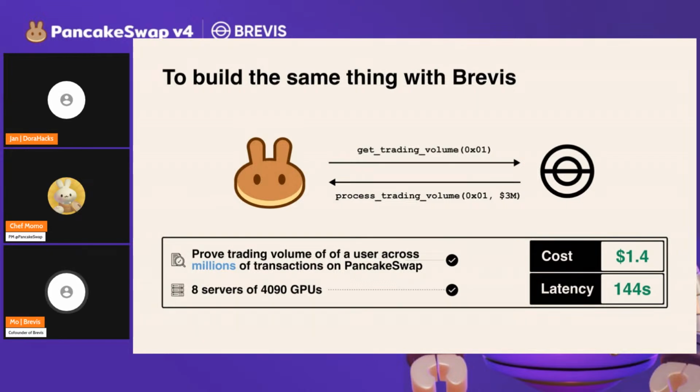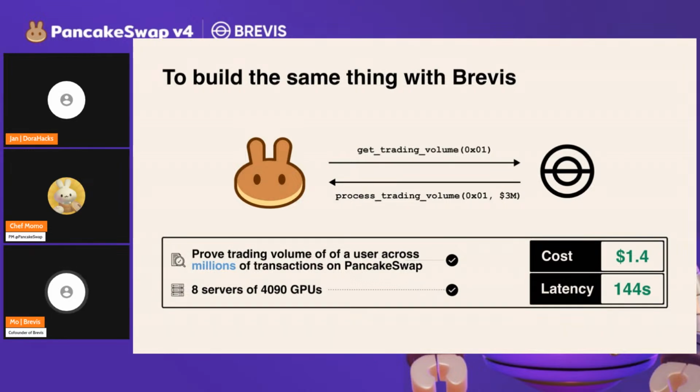So from a user perspective, the user will get a reduced fee as they trade more. This will tremendously help the liquidity efficiency for the entire market, because we expect a lot of professional market makers to benefit from this and produce a much more efficient market structure for the entire DEX world. And Pancake is definitely leading the way here.